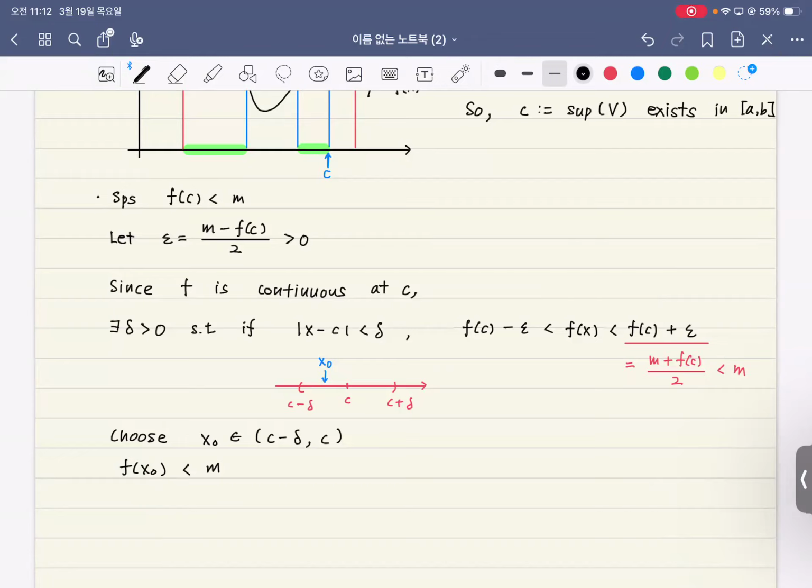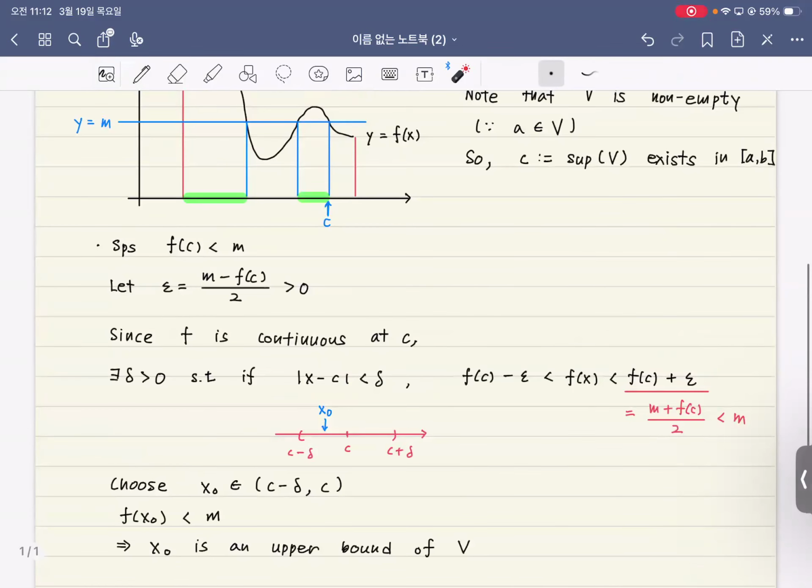Yeah, right. Because x0 is an upper bound of V. Why? That is easy, because c was the least upper bound of V, right? So beyond this point, the function values are always less than or equal to m.